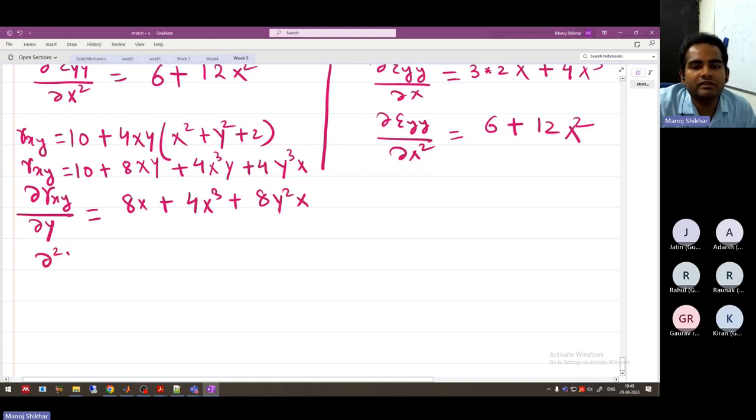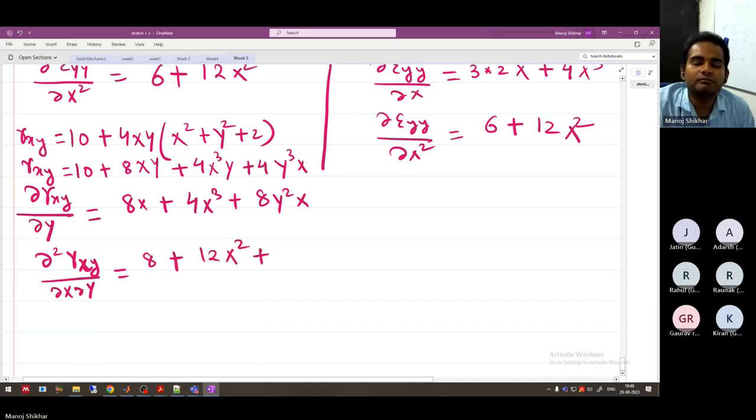Now I have to differentiate the above expression with respect to x. So what will I get? I will get 8 plus 12x square plus 8y square. Oh, sorry, it should be 12.